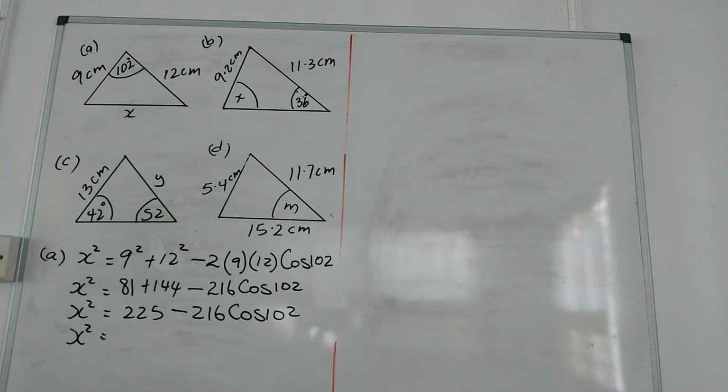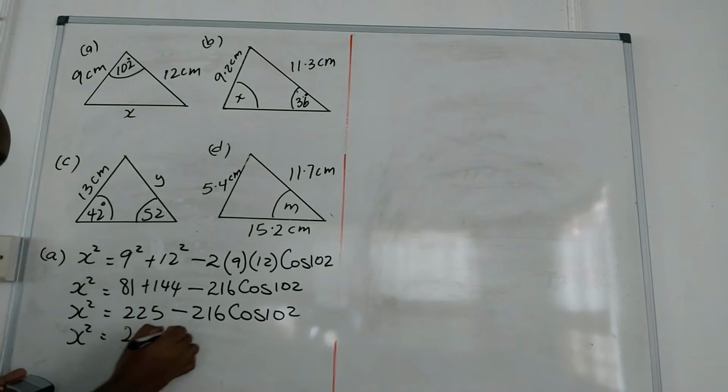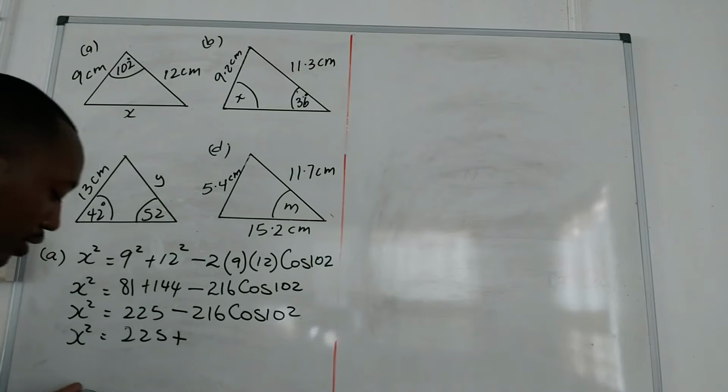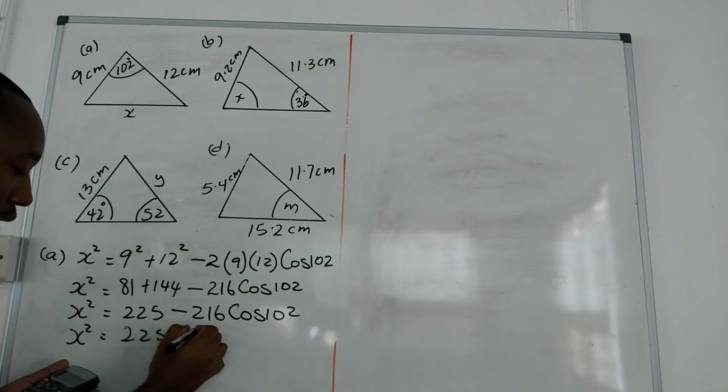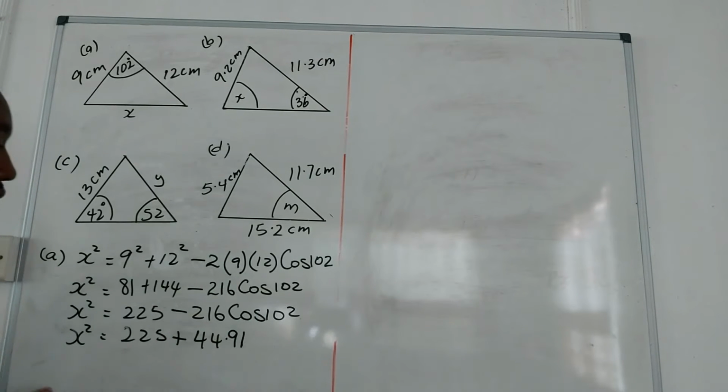So negative 216 times cos 102 gives us 44.91. All right. So if you multiply 216 without the negative, if you multiply 216 times cos 102, you'll get a negative 44.91.